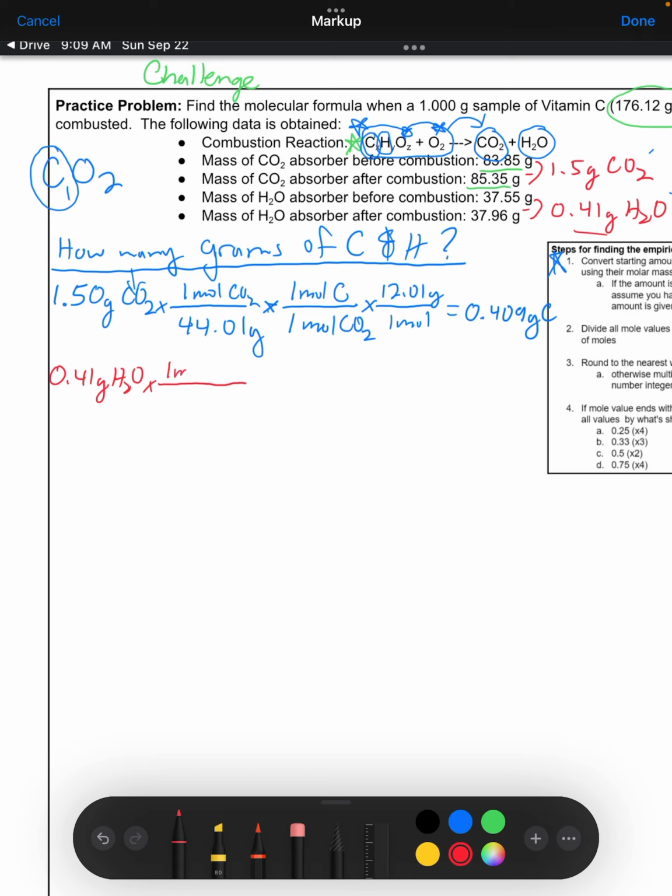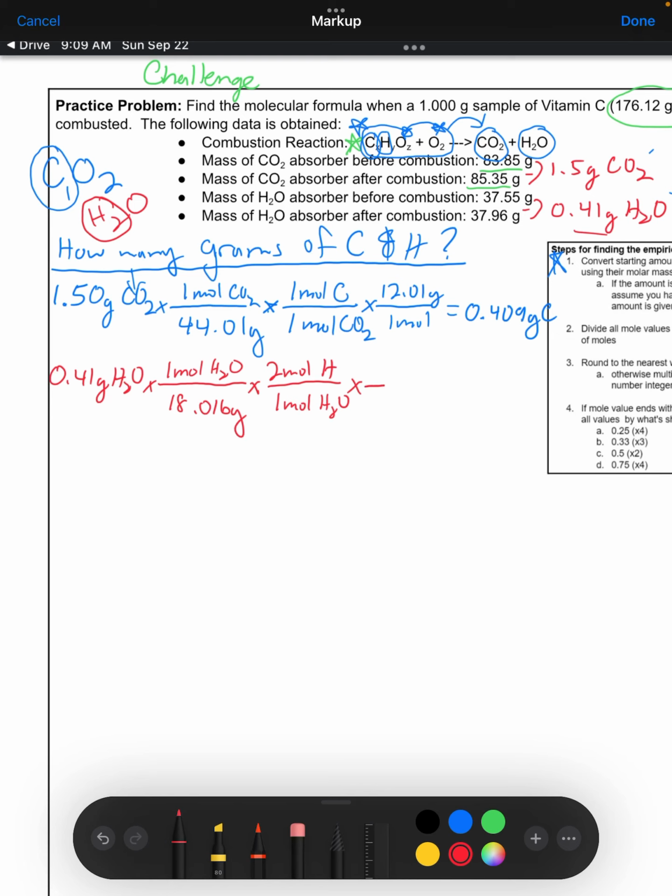I know that 1 mole of water weighs 18.016 grams. All right? In every water molecule, H2O, there are 2 hydrogens. So I know that for every 1 mole of water, there are 2 moles of hydrogen.